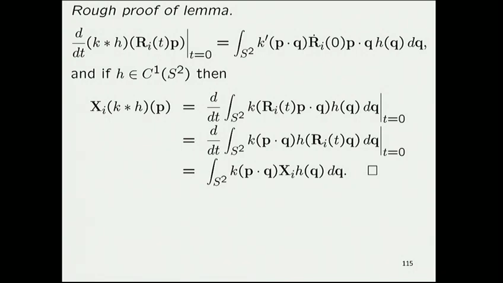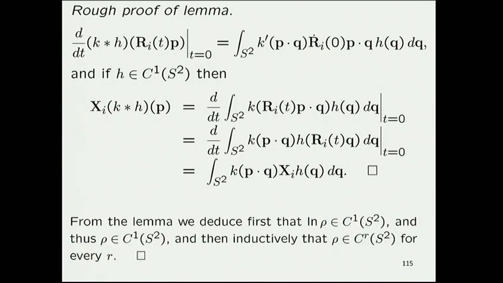So that's the analog, and then when you compute that, you will of course get the xi of h of q inside. So that's the rough proof of the lemma, and then from the lemma you use the equation to first of all show that the log of rho is in C1, and that implies, since rho is bounded away from 0, that rho is in C1, and then you bootstrap, and you get better and better information.